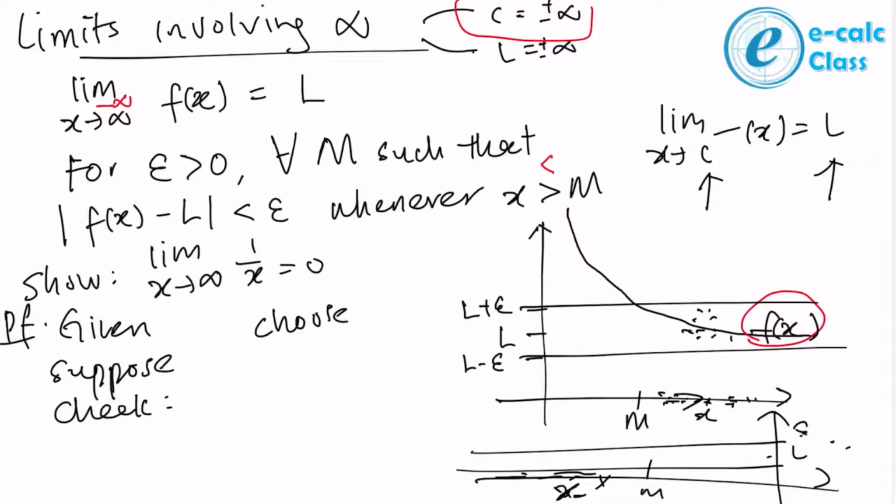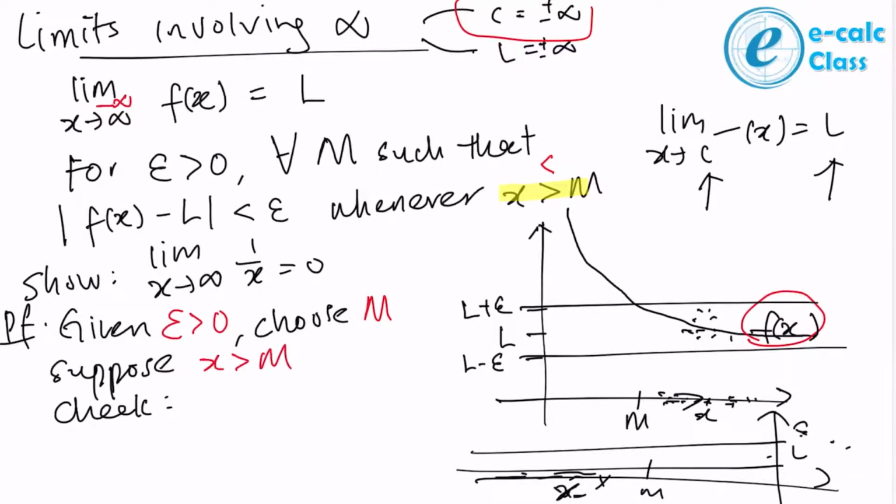So, still given epsilon greater than 0. Then choose, this time not delta, because you don't see any delta in the theorem, right? So you need to choose your m, such that x is greater than m. Suppose your x is greater than m.